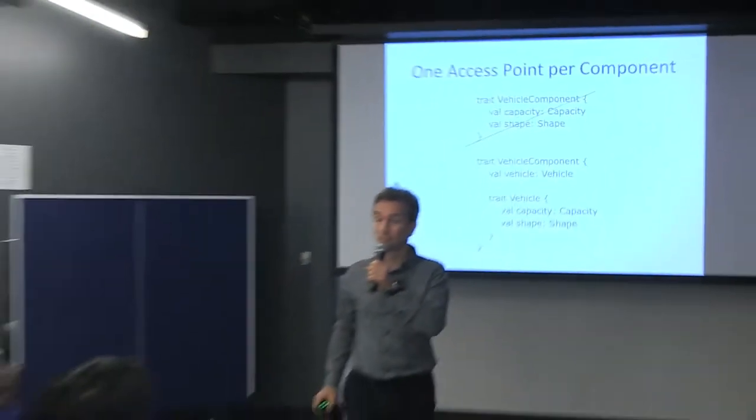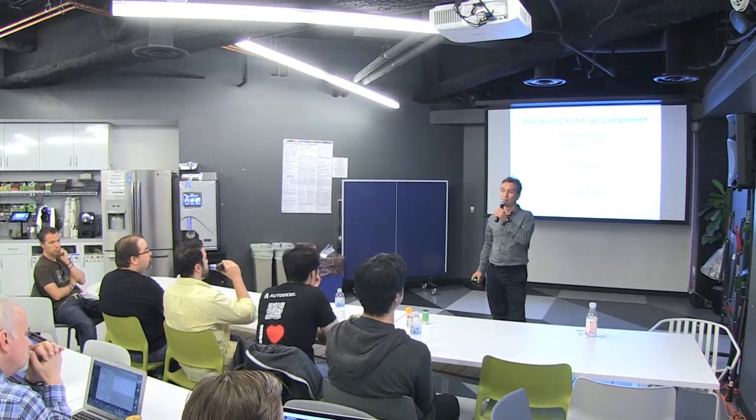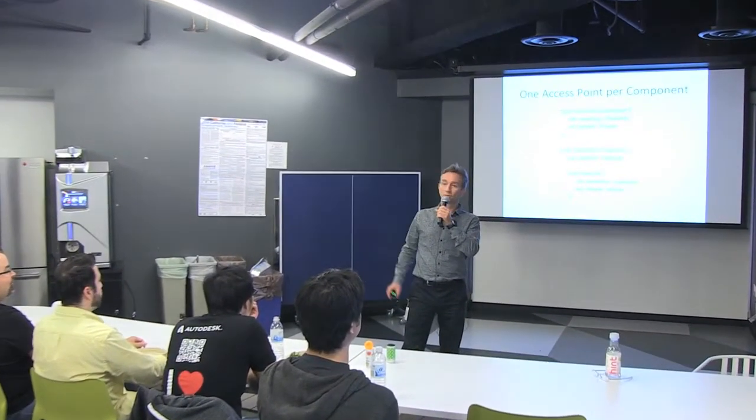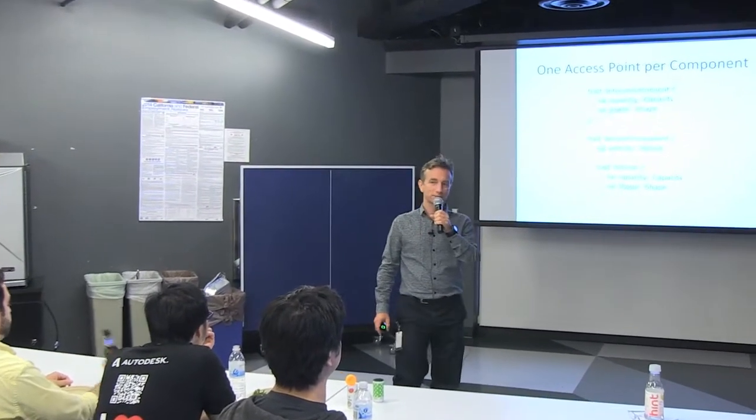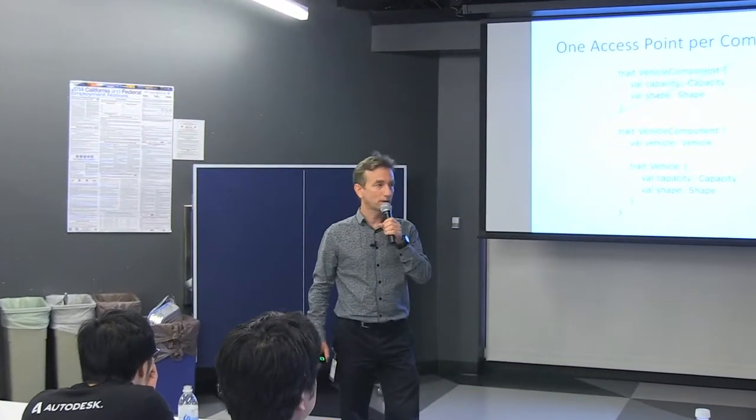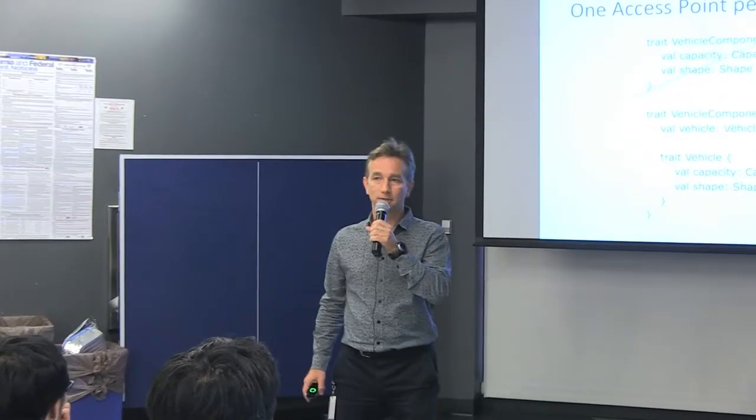What led you to that conclusion? What problems did you encounter that led to that decision? Why did I come to that decision about one access point per component? I would say that if you try and not have that rule, then you end up with components that contain a lot of different pieces that need to be wired up, and it becomes very unclear and really messy.